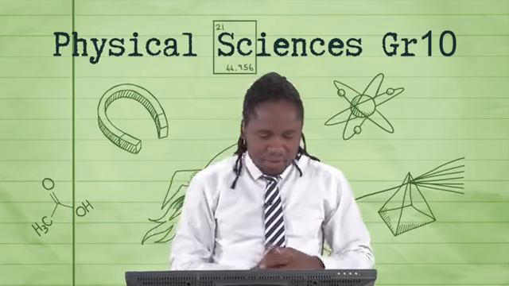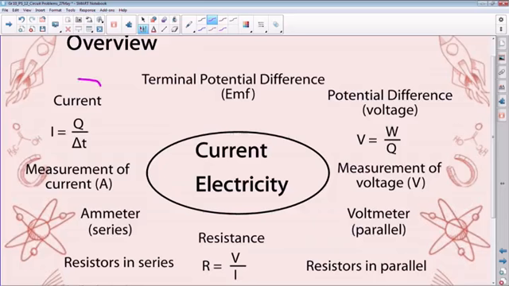So we'll be looking also at current, which is a very key concept, which has to do with charge that is moving per unit time. And remember, I is the symbol for current, or current intensity, if you want to think of it that way.